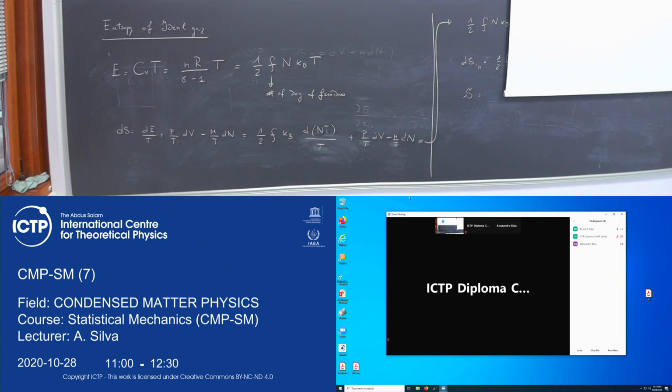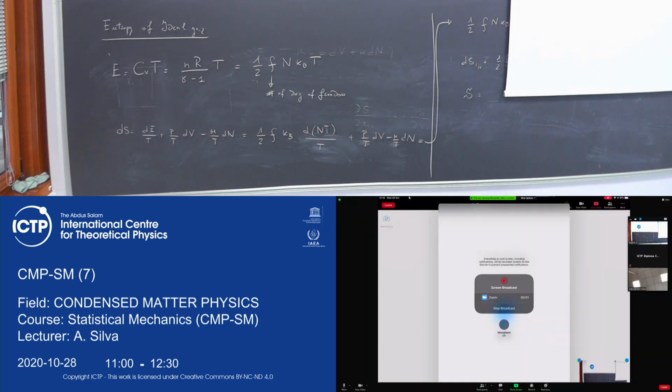And therefore, what you see is that practically the entropy is connected to minus k Boltzmann, right? Let's go back here.